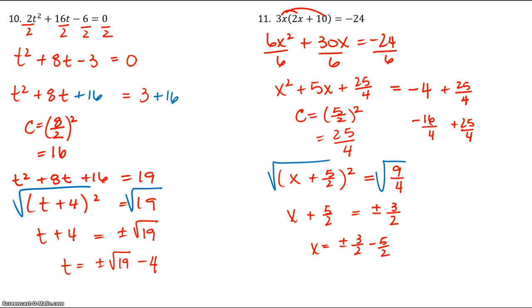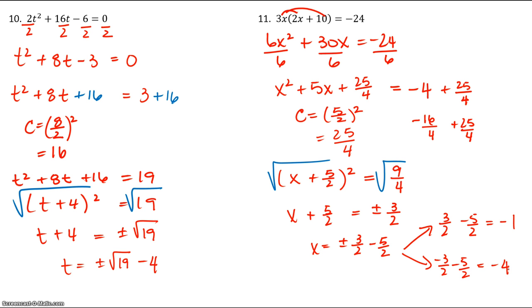And notice these have both turned into nice tidy numbers, so we will separate. That will give us 3 halves minus 5 over 2 and negative 3 halves minus 5 over 2. So 3 minus 5, that would be negative 2 over 2 or negative 1. Negative 3 minus 5, negative 8 over 2 or negative 4.